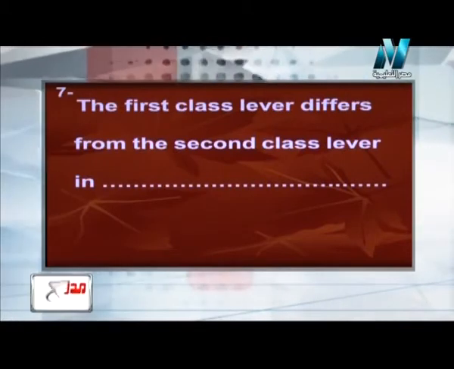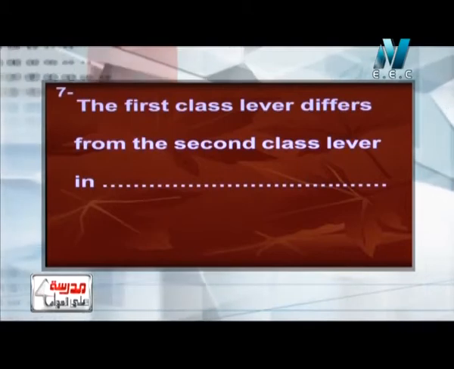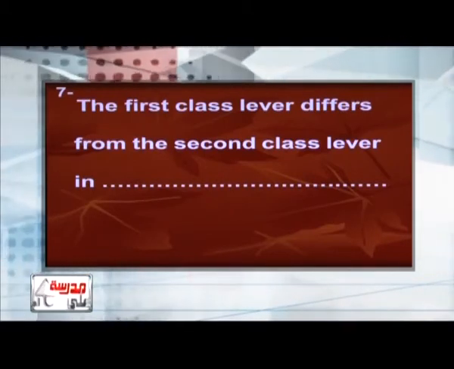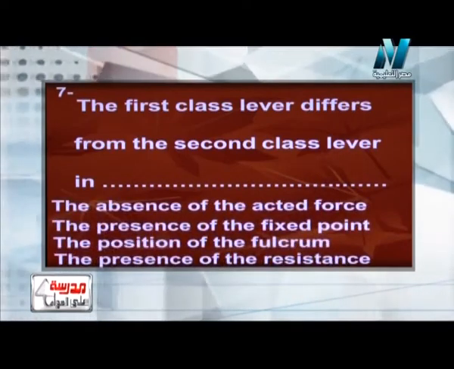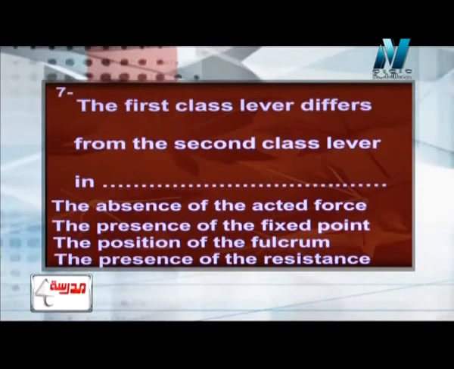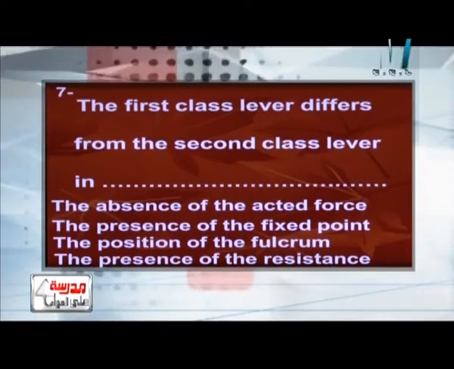The first class lever differs from the second class lever in what? Surely we know that all class levers differ in the position of the middle point. The answers are: the absence of the active force, the presence of a fixed point, the position of the fulcrum, the presence of the resistance.